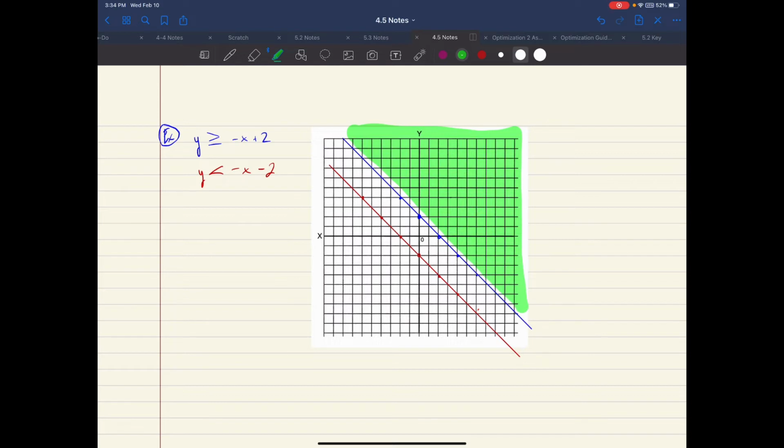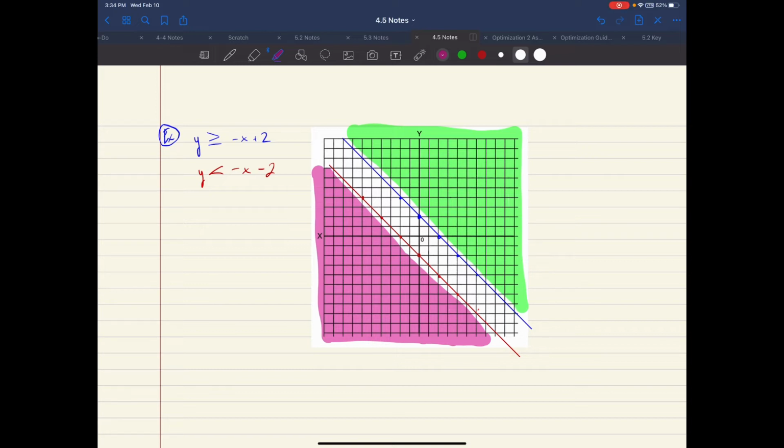Okay, next line it says y is less than, so we're going to shade below the red line. Like I said, the overlapping region is the solution region, but you can see here that these regions don't overlap.